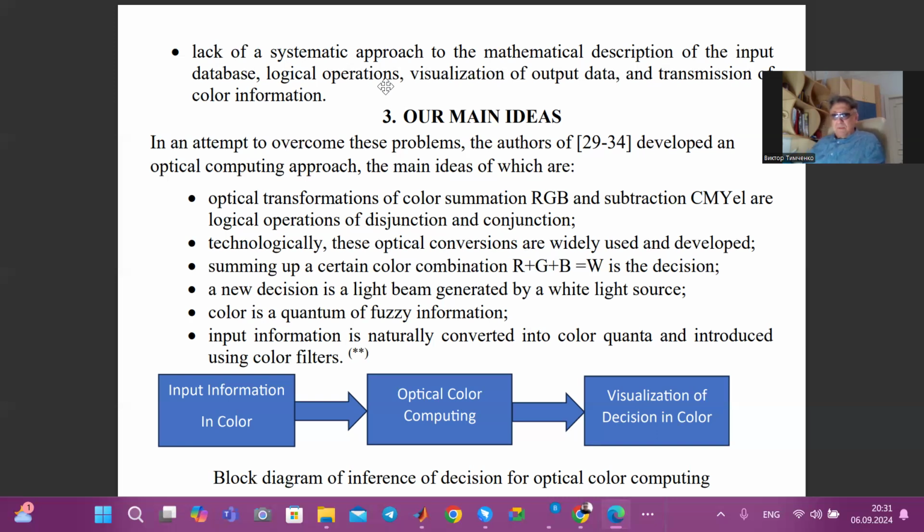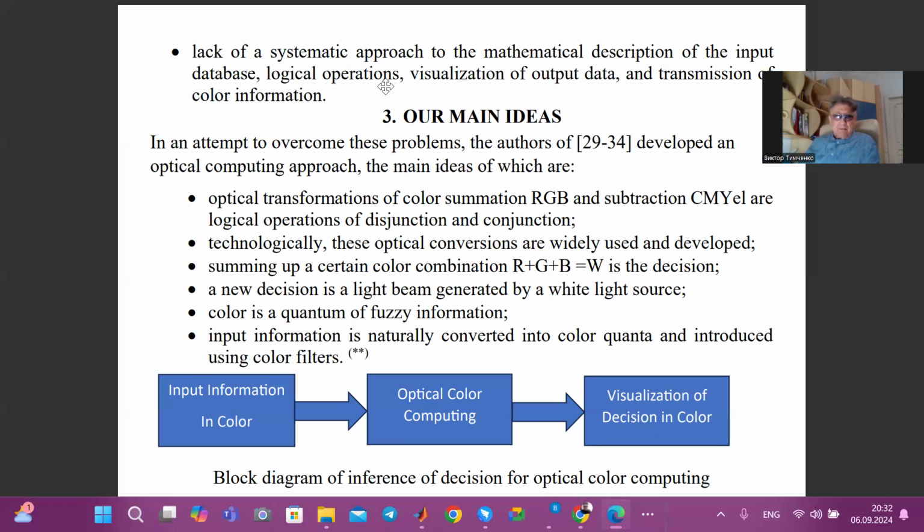Summing certain color combinations, R plus G plus B equals white, is the decision. The new decision is a light beam generated by a white light source. Color is a quantum of fuzzy information. Input information is naturally converted into color quanta and produced using a color field.